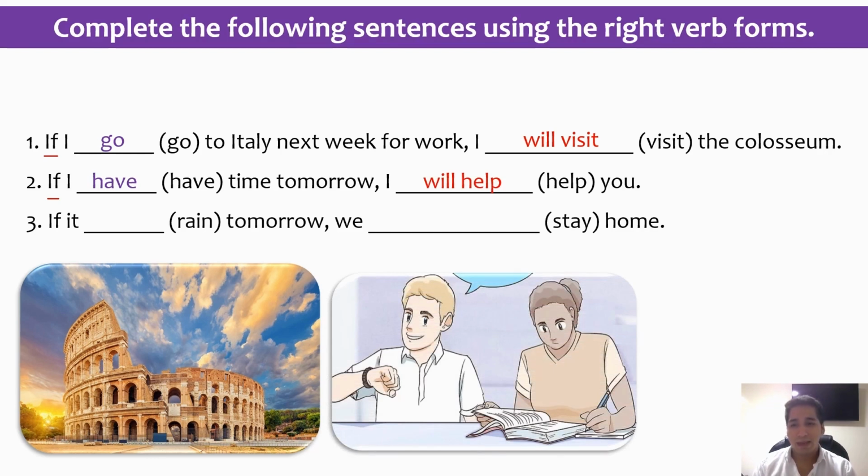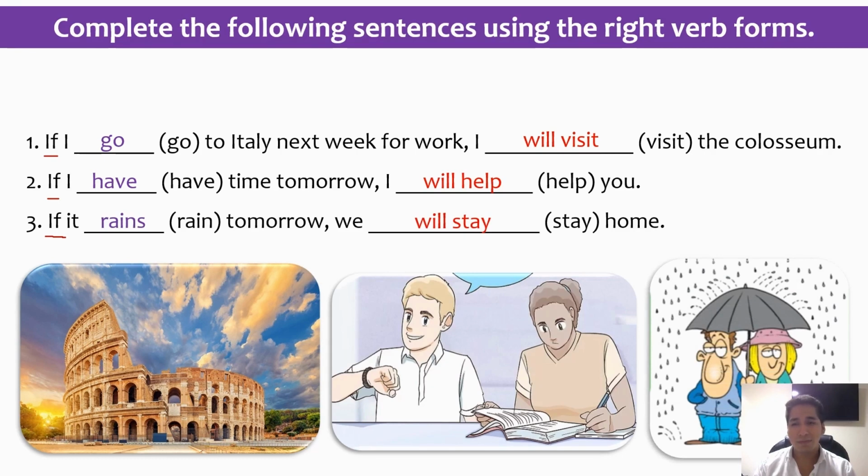Okay. And what about the last one, number 3? Take a look once again, the if word. So this is the if clause. Sure, okay, there it is. If it rains tomorrow, we will stay home.